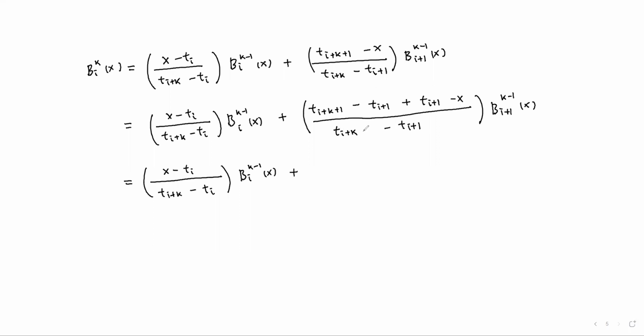Now let me split this quotient as a sum: 1 minus x minus TI plus 1 over TI plus k minus TI plus 1.